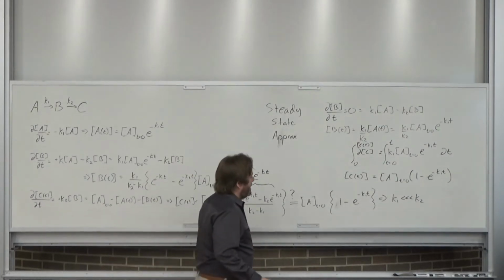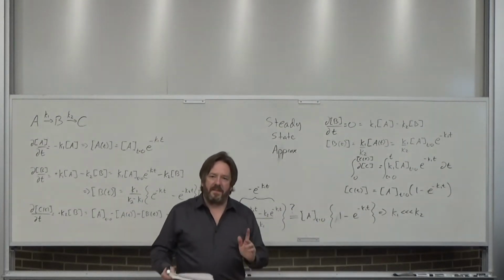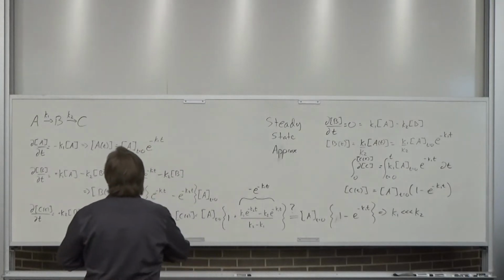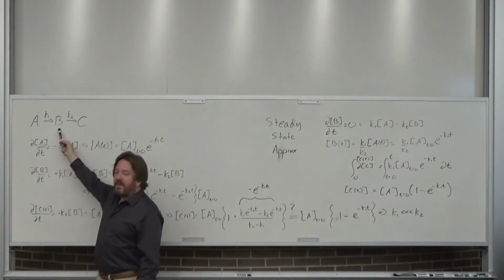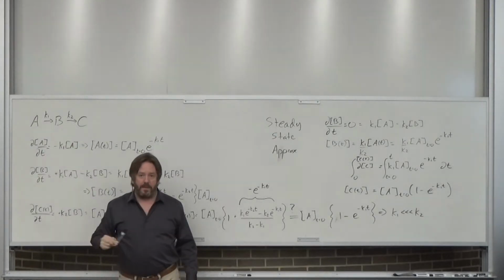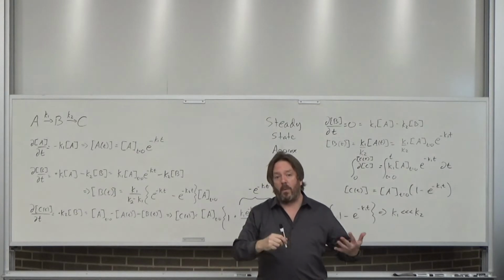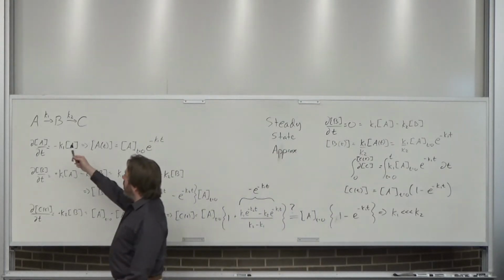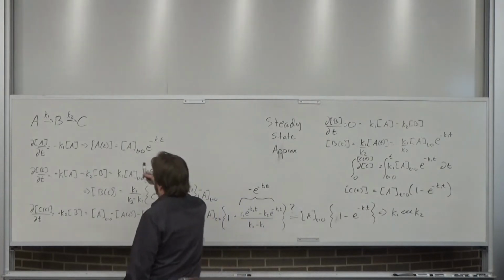Now what that means is that the steady state approximation is valid when k2 is really high. That means as soon as B forms, it's immediately gone. Let me say it a different way one more time. k1 is very low, right?